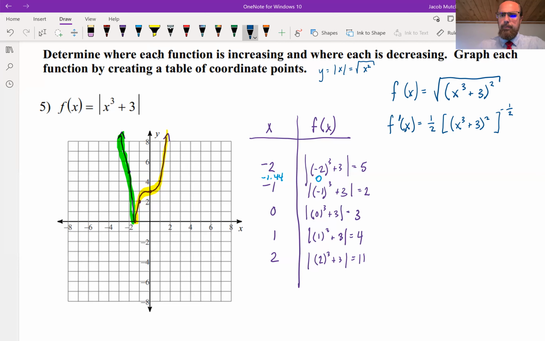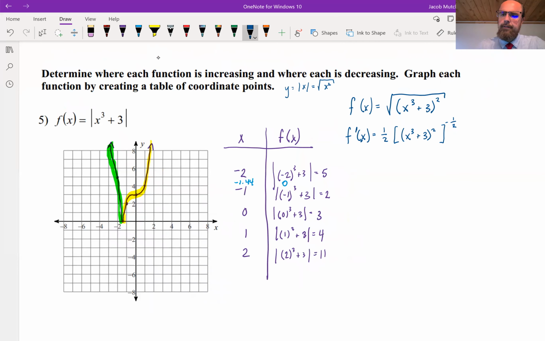But then I do need to apply chain rule to take the derivative of the interior. So that's going to be times 2 from the old power, x cubed plus 3. Then again, I need to apply chain rule a second time to take the derivative of the very innermost composed function. So that's 3x squared.